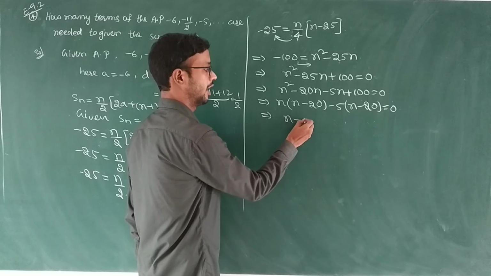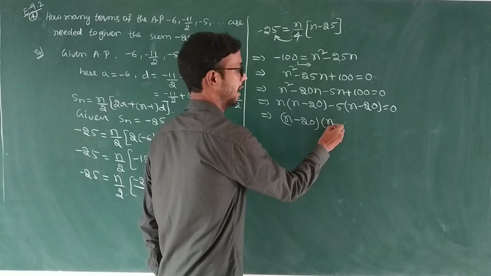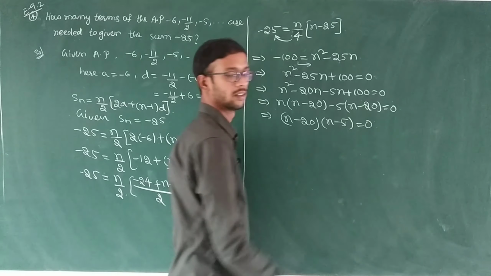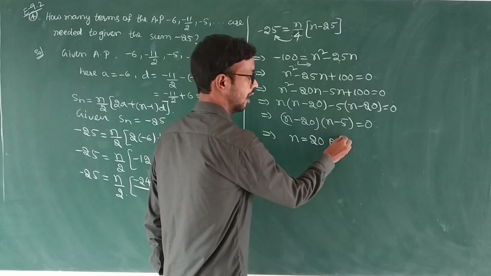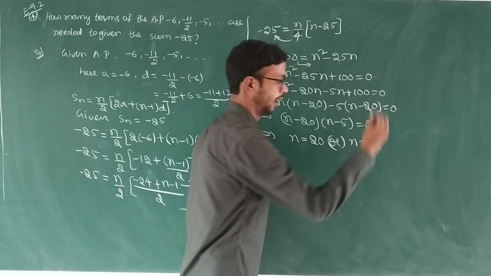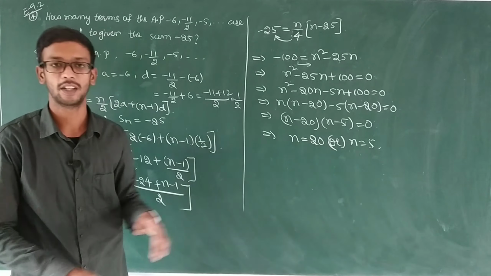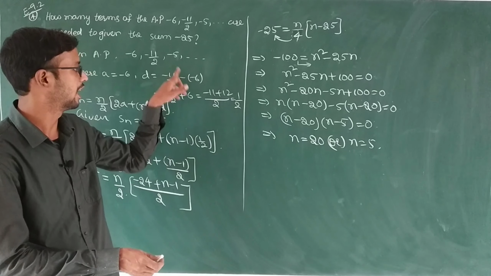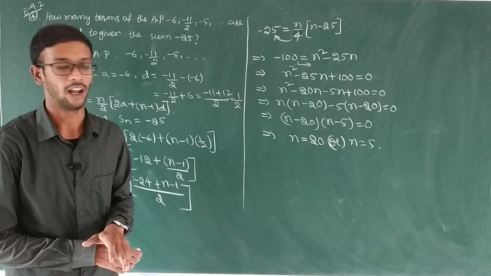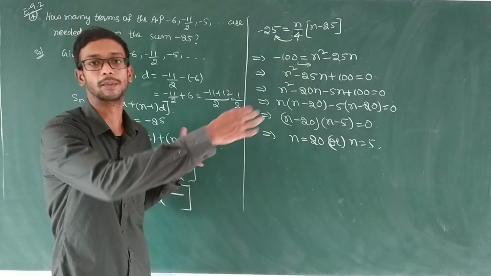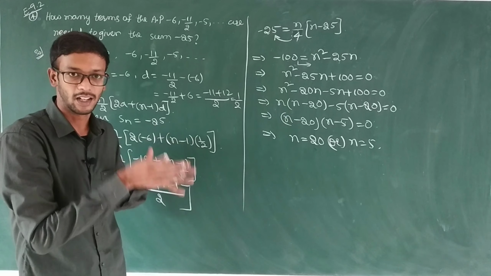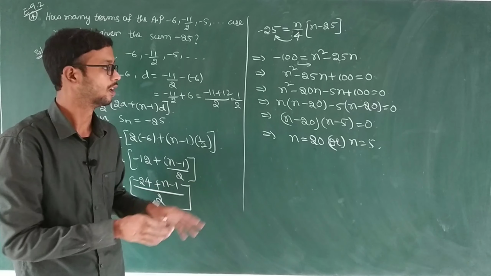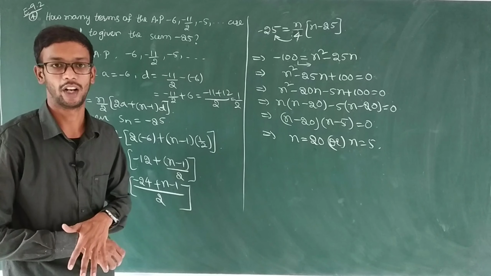N minus 20 common, n minus 5 is equal to 0. N is equal to 20 or n is equal to 5. If the number of terms is 5, if you add, you will get minus 25. If you take 20 terms and make the sum of 20 terms, you will get the minus 25 answer.